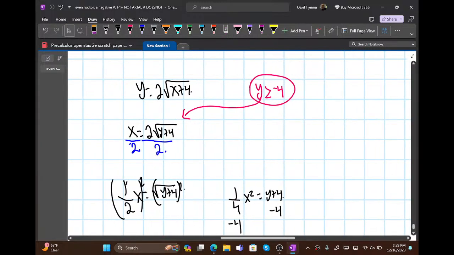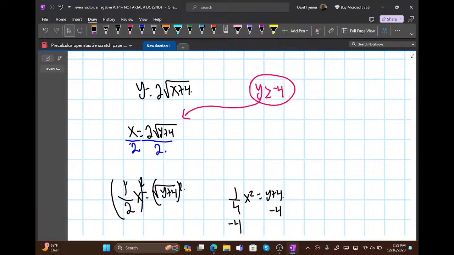If I do x greater than or equal to -4, one half x squared minus 4. Hold on, guys. Wow.